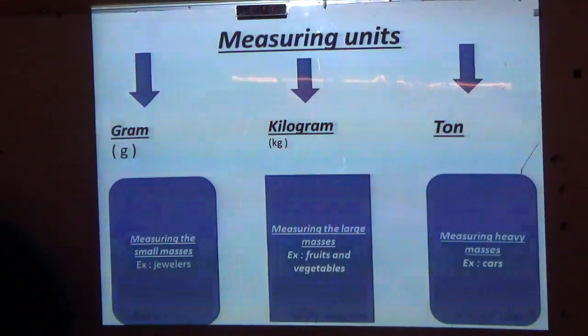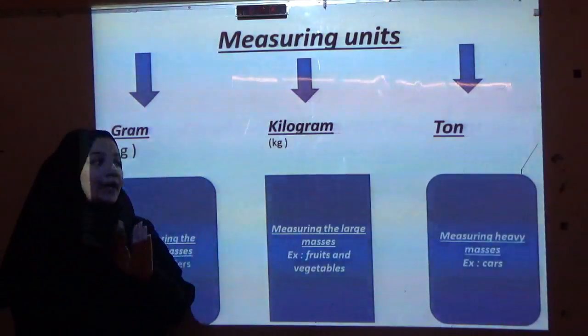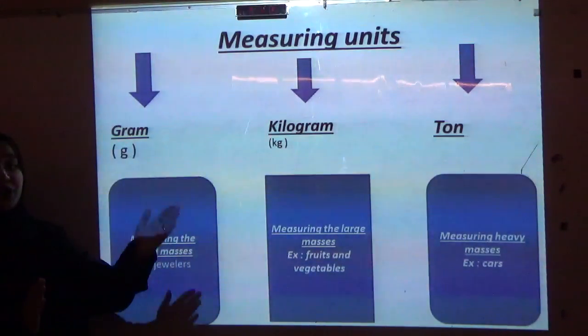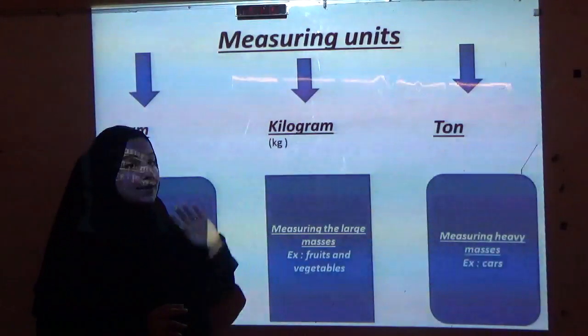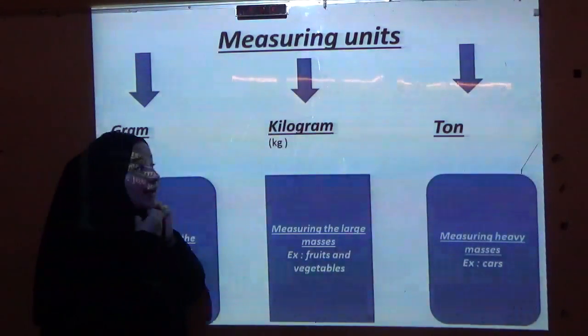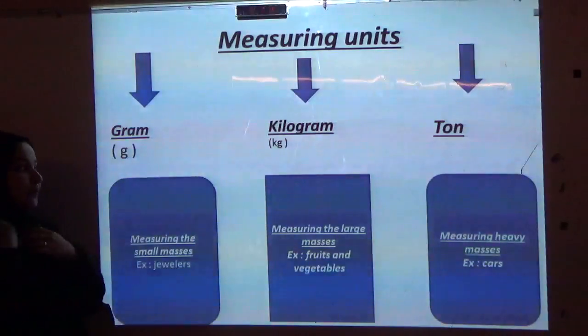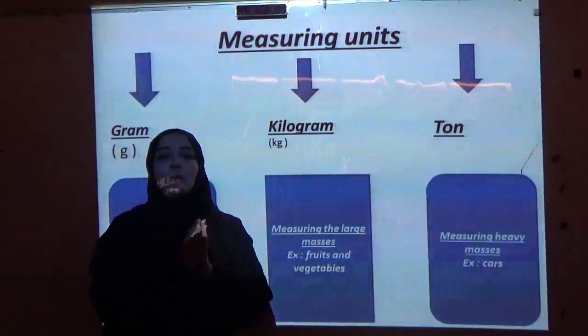Now, we said we have a tool, so we should have a unit. What is the measuring unit for the mass? I have 3 measuring units. I have gram, kilogram, and ton. Gram is used for measuring small masses.